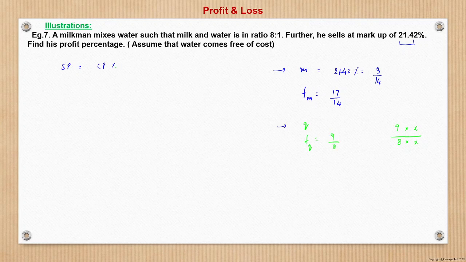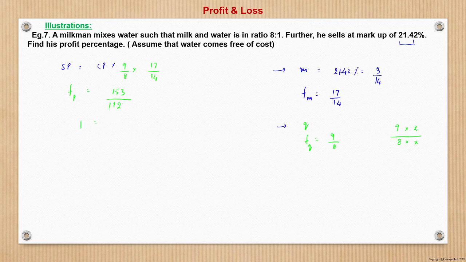Now the quantity factor will have an increasing impact on selling price because it is 9 by 8, and the markup factor will also have an increasing impact on selling price. So this will be 17 by 14. Therefore we can say the profit factor is 17 times 9, which is 153, over 14 times 8, which is 112.